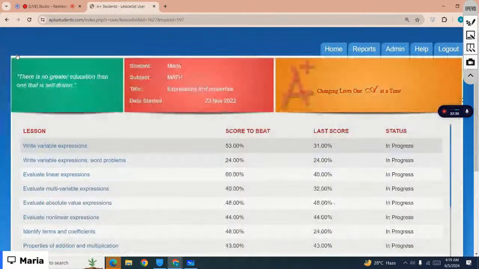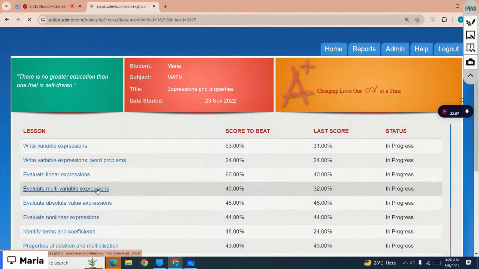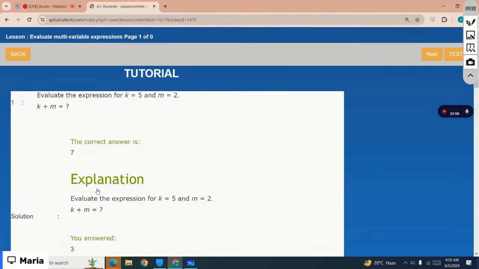The next lesson is evaluate multivariable expressions. Multivariable expression means you have more than one variable involved. Just look at the example.